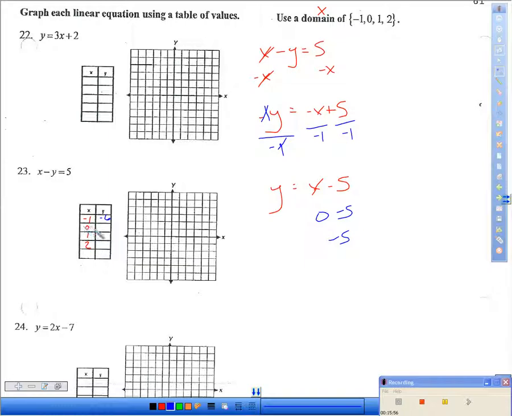So when x is 0, y is -5. Let's do the same thing with 1. Instead of x minus 5, now we'll do 1 minus 5. 1 minus 5 is -4. And then finally, 2. If we put in 2 for x, we have 2 minus 5. Well, 2 minus 5 is -3.